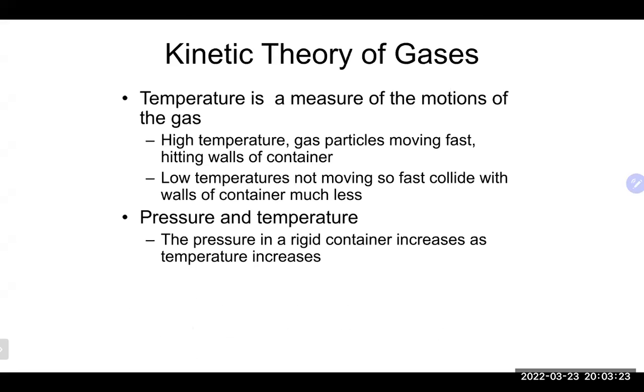One last thing was a question a second ago about the formulas. When we were looking at P1 V1 over T1 is equal to P2 V2 over T2, this combined gas law is a great one to know because it really can give you Boyle's law, Charles' law, and all those other laws.